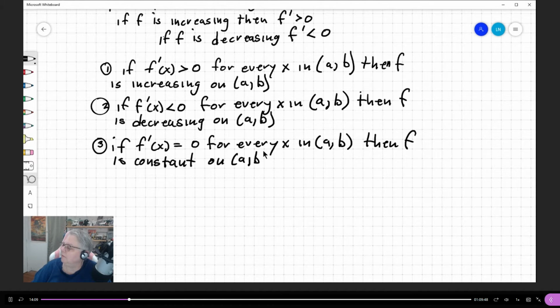Now, we have to be a little careful here, and I sometimes hesitate to put this last one in, because f prime of x can be 0 for a single value. That's fine. This last condition only applies if it is 0 for every value in the interval. That means you're dealing with a constant function.